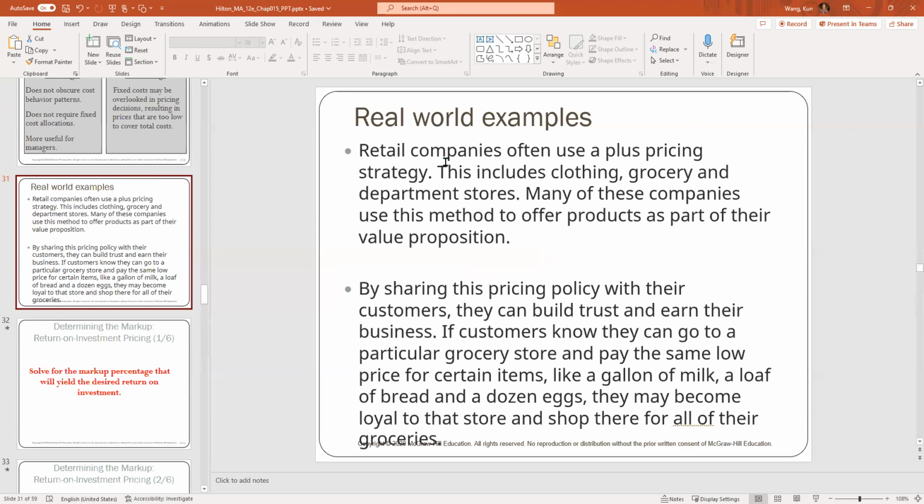Interesting, you see most of the retail companies, not the manufacturers, using cost plus pricing, which means they add a markup percentage on their purchasing price or the cost from the vendors, right?